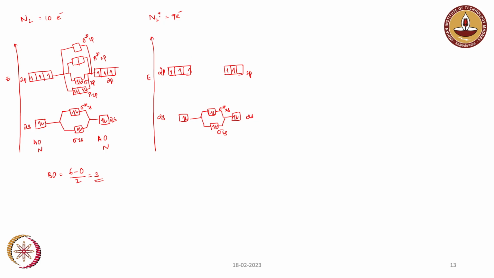In N2 plus, one of the electrons from N2 will be missing, so one of the 2p is vacant.